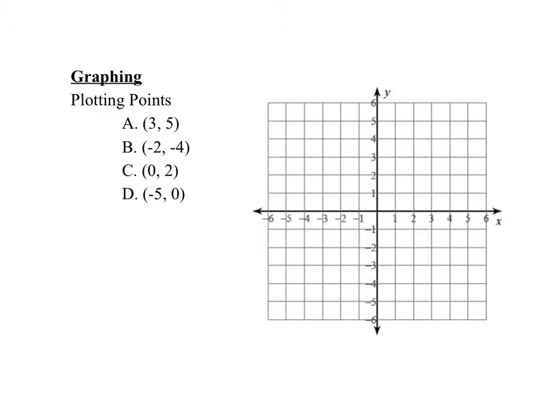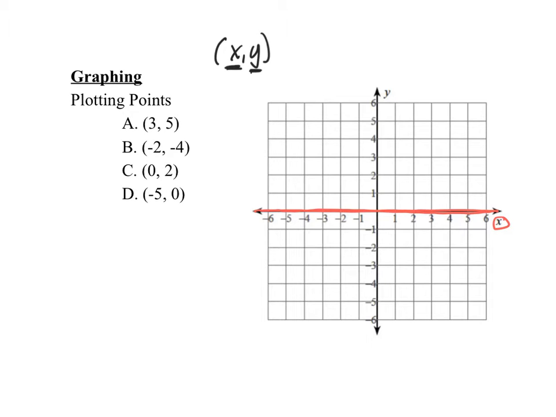Every point is written in x, y format, where the first number of the point is the x coordinate, and the second number of the point is the y coordinate. On the graph at the right, you will notice that there is an x-axis, which goes horizontally across the middle, and that's labeled the x-axis.